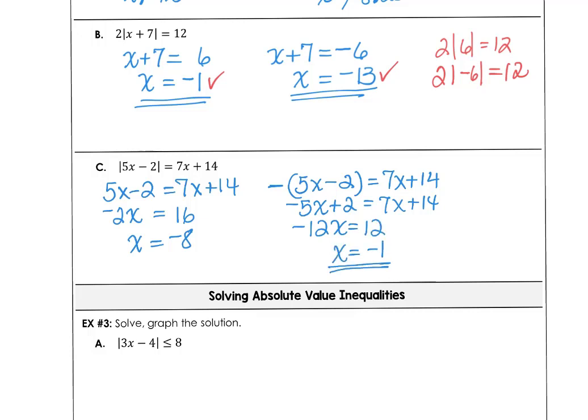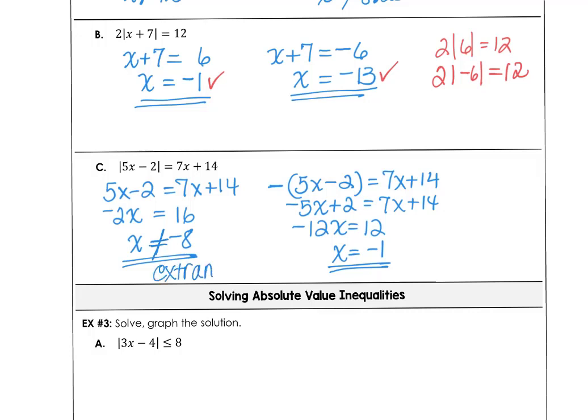Now we want to check both of these answers. So here again, you can see our dilemma. When we put negative 8 over here, we have negative 56, add 14. This right side is going to be negative, and the left side is not negative, which makes negative 8 extraneous. This one is extraneous.